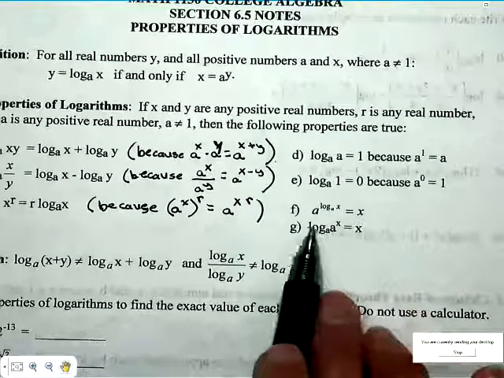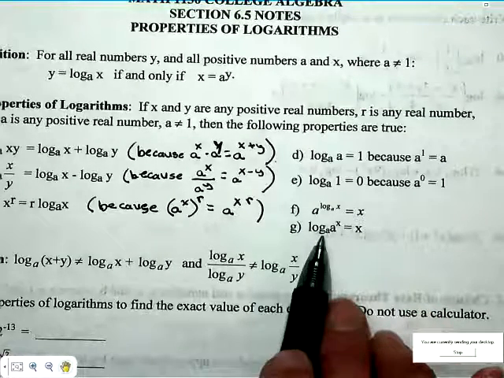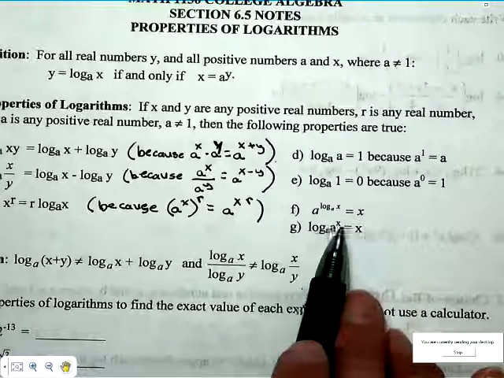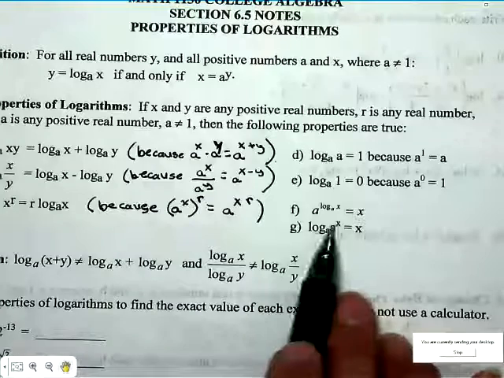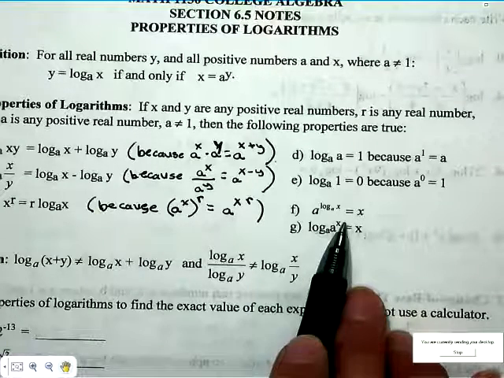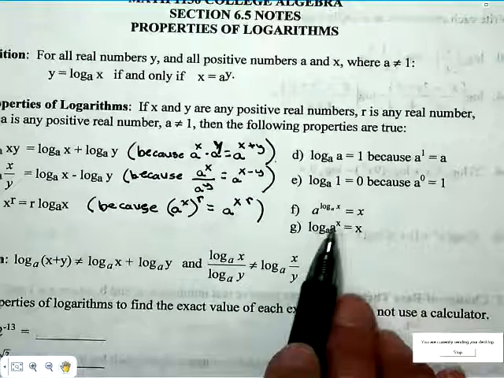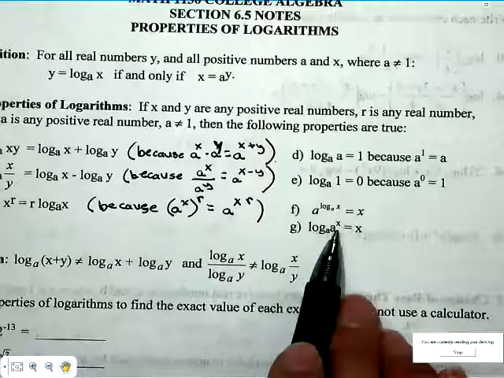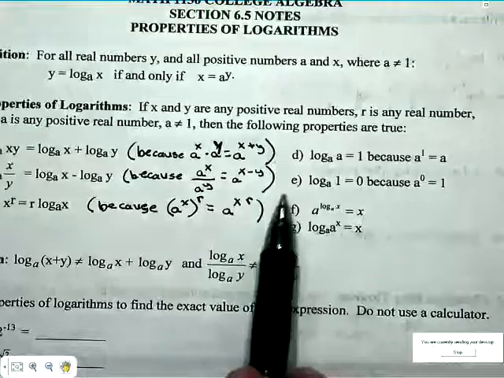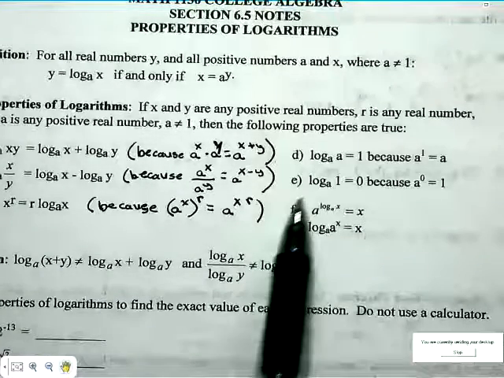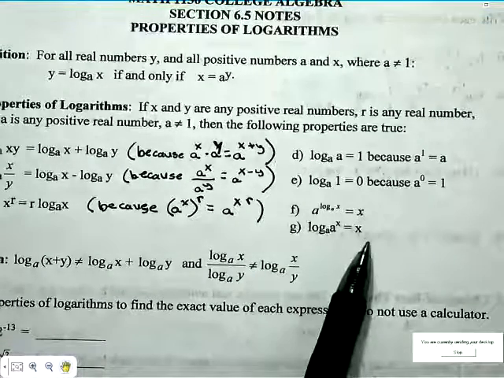Or if I say log base anything of that same base raised to a power, the log and the exponent undo each other and leave you x. That will make more sense when we run into a problem where we use it.